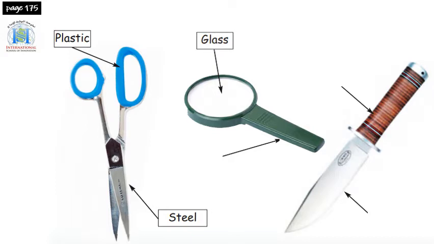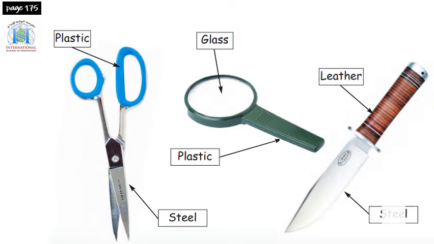What about the magnifier? Also, two different kinds of matter, glass and plastic. Take a look at the knife. The knife is also made of two different kinds of matter, leather and metal, which is the steel.